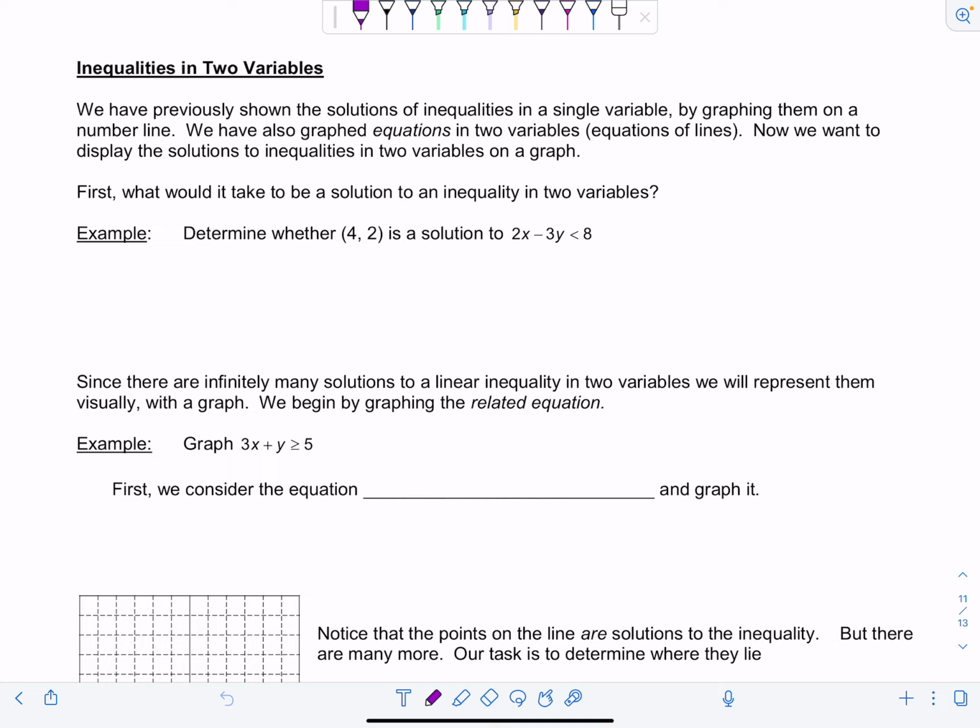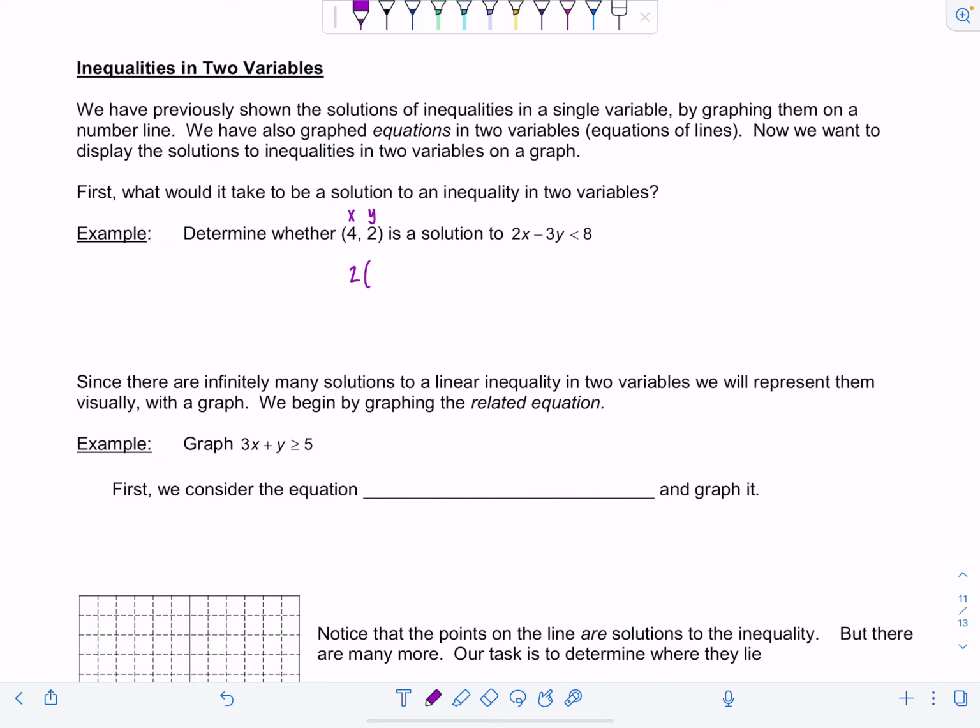So for example, let's determine whether the ordered pair (4, 2) is a solution to the inequality 2x minus 3y is less than 8. Well, to determine whether or not it's a solution, we're simply going to substitute in 4 for x and 2 for y and see if it satisfies the inequality. So let's see.